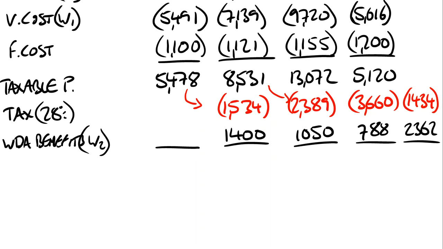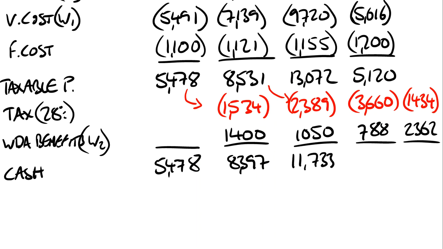Okay, and when we do all of that, the after-tax cash flow is going to be 54878, $8397, 11733, 2248, and lastly then 928.